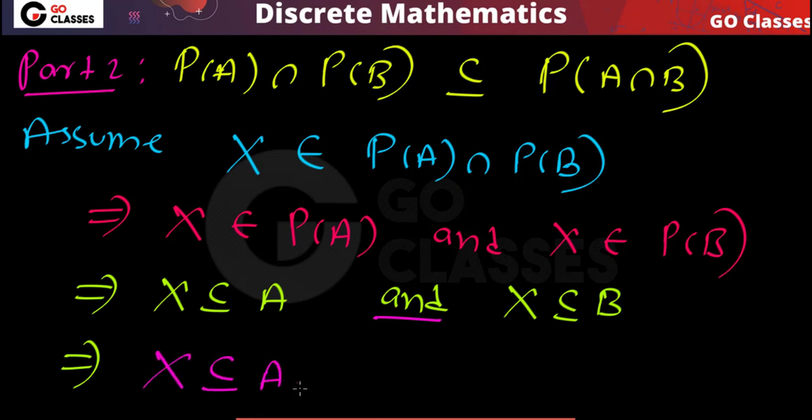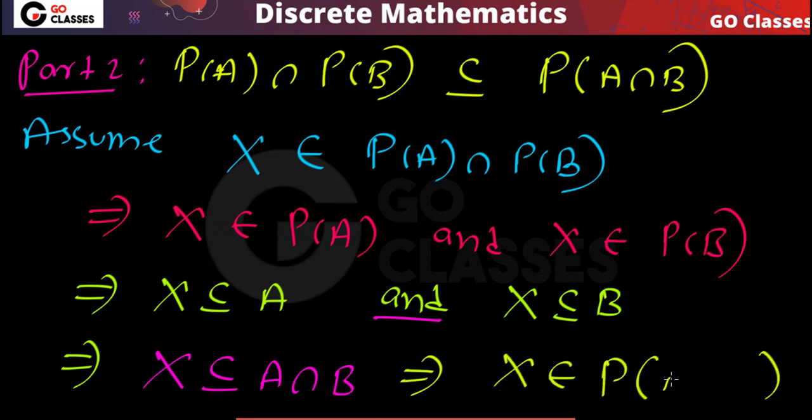Then basically x is a subset of A intersection B. What does this mean? x is a subset of A intersection B means x belongs to the power set of A intersection B. So x belongs to the power set of A intersection B, and this is what we wanted to prove.